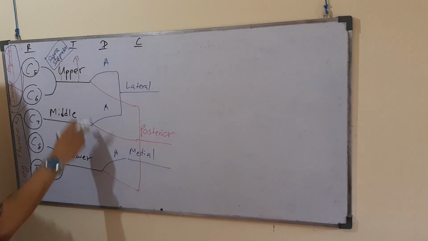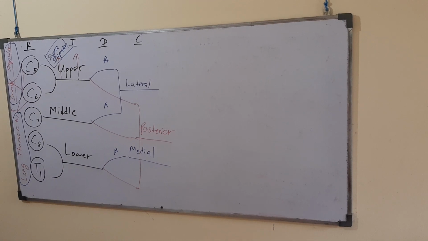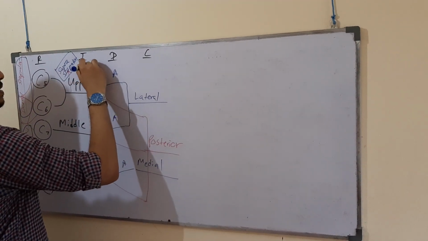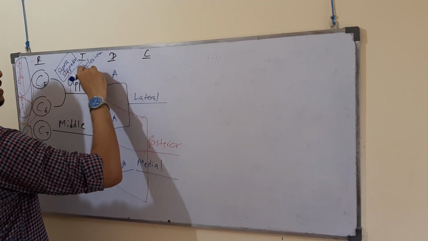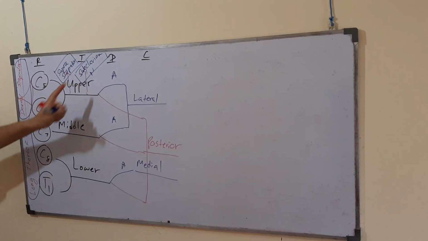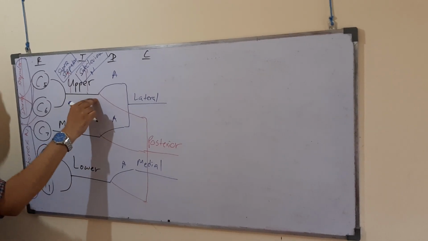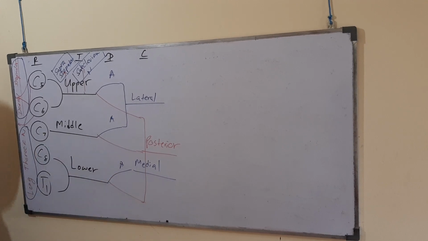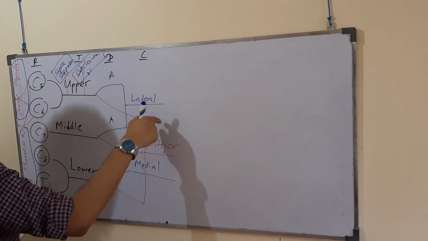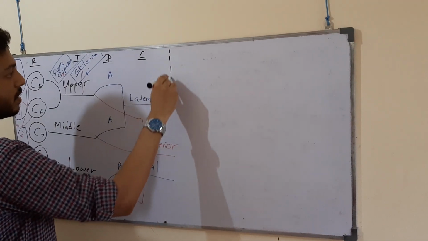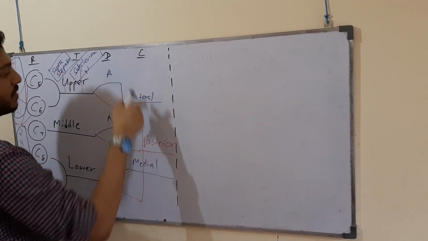The second nerve which comes from the upper trunk directly is known as the subclavian nerve, right? So we have the suprascapular nerve and the subclavian nerve which come from the upper trunk of the brachial plexus directly. From the middle and lower trunks, we usually don't have branches like that, right? So let's move on to the division of each and every chord here.